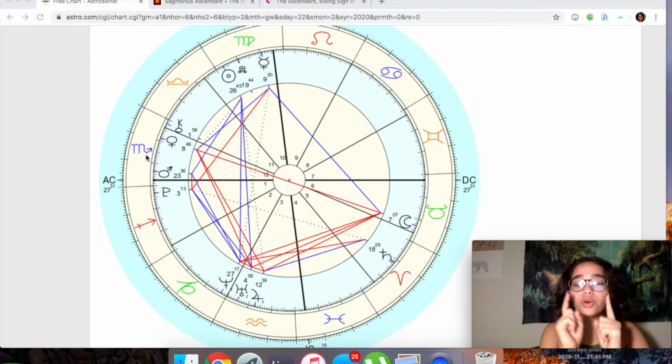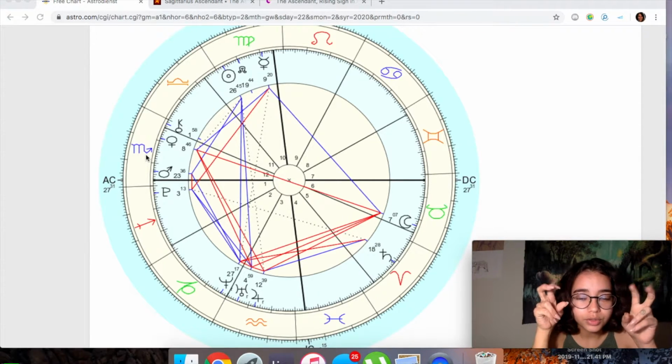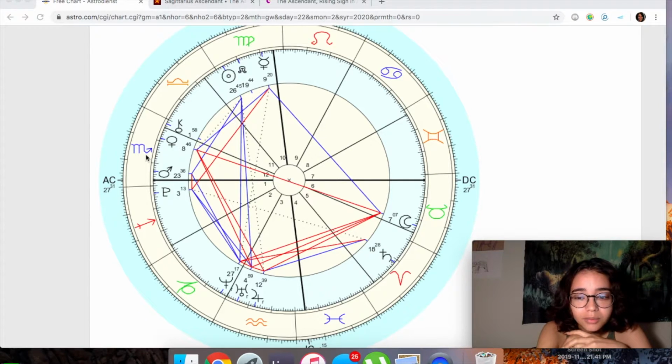So something you also need to learn about astrology is that each planet rules a sign. Each planet rules at most 2 signs. So for example, Mars rules Aries, but it also rules Scorpio, because before they found out about Pluto, which is the planet that rules Scorpio now, they associated Scorpio with the planet Mars.